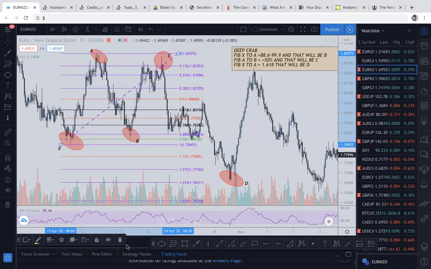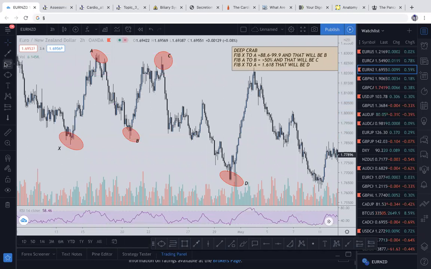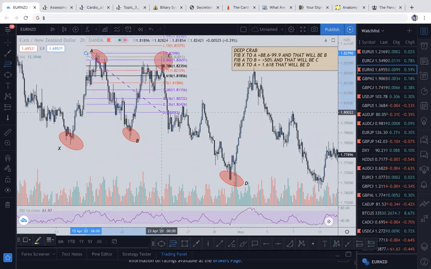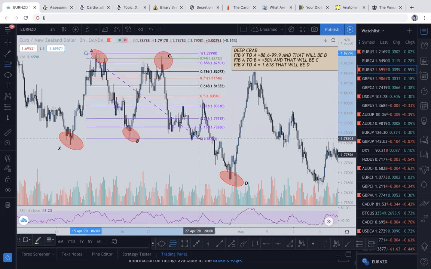Now, the next thing that you need to focus on is that if you pull your fib from A to B, the retracement I said should be 50% and above, but then within 100%. Can I confirm that C is about 50%, but within 100%? Can I confirm that, guys?